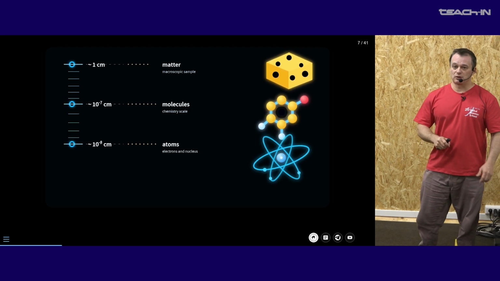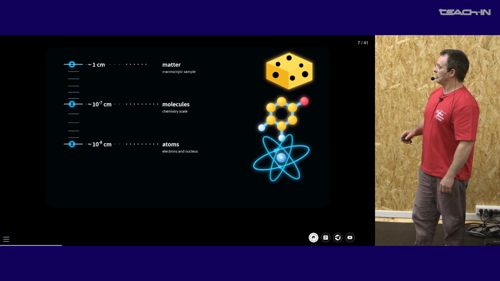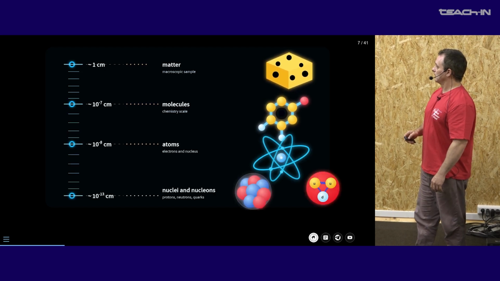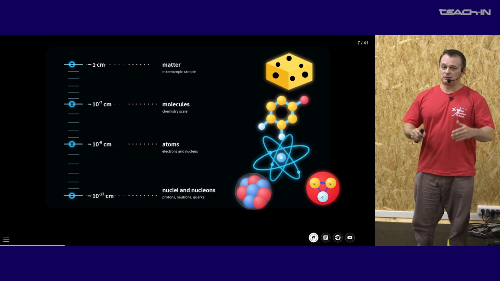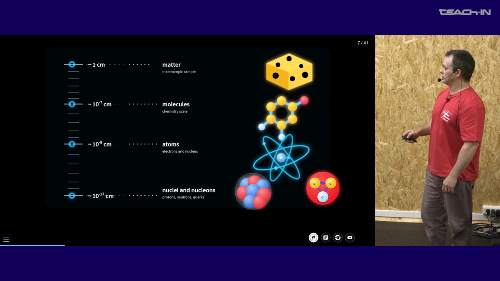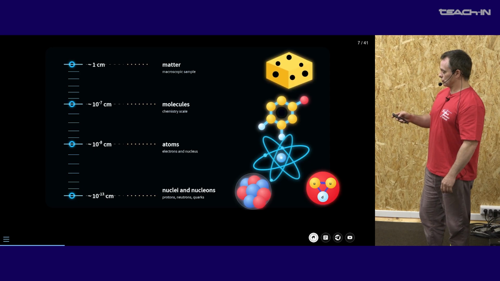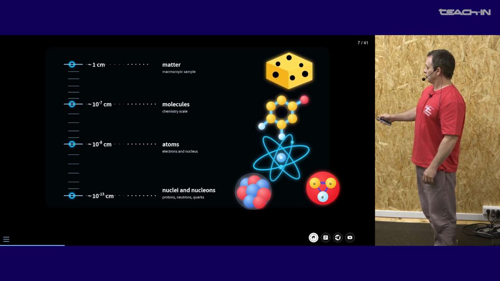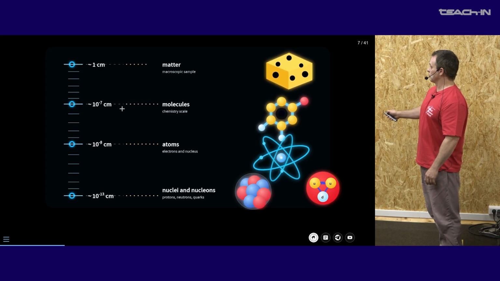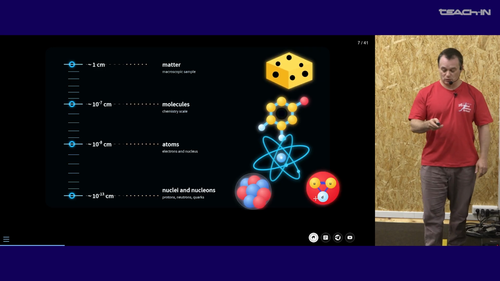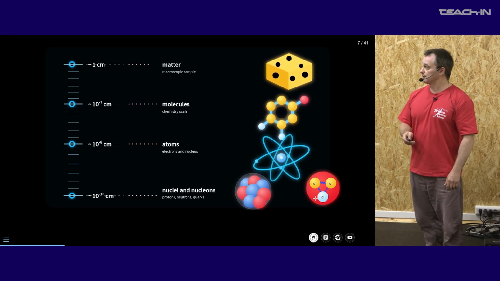Each molecule is made of atoms, which are an order of magnitude smaller than a molecule, and 100,000 times smaller still, inside an atom you can find a nucleus, which consists of protons and neutrons. Finally, protons and neutrons consist of quarks. These are the most fundamental objects matter is made of.